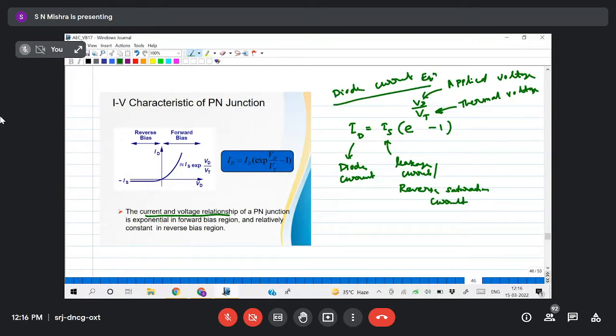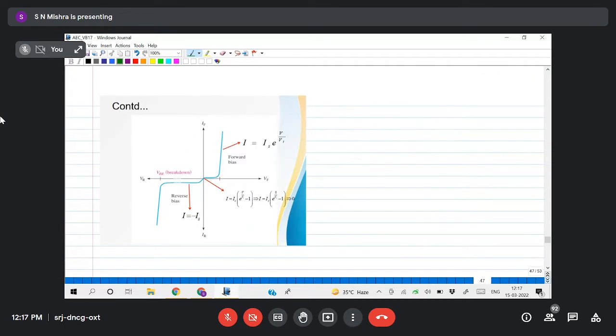We see this is an exponential function, so current is increasing exponentially. In the reverse case, it is minus Is. Mathematically, we will see how it can be derived, so that we get a logical conclusion that the theoretical and mathematical things match each other. You have already verified this in the lab, I think.